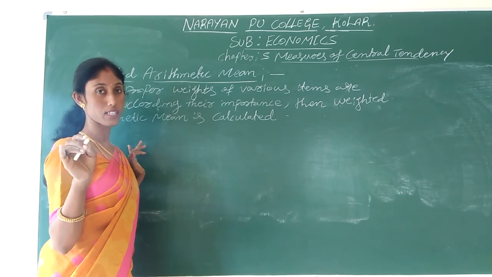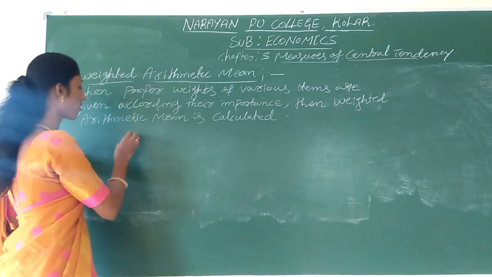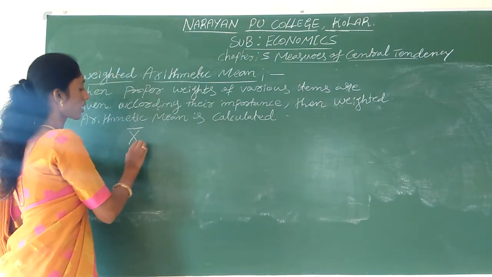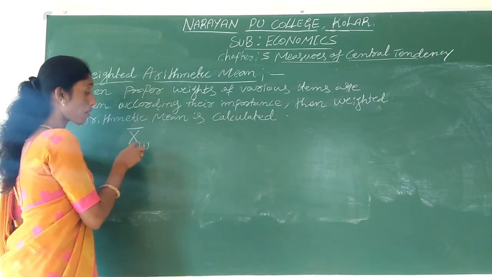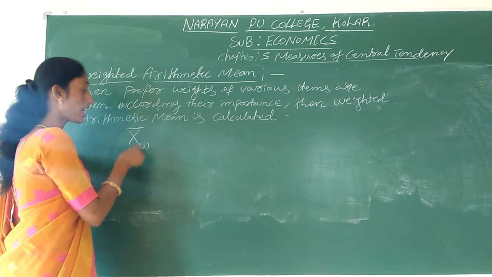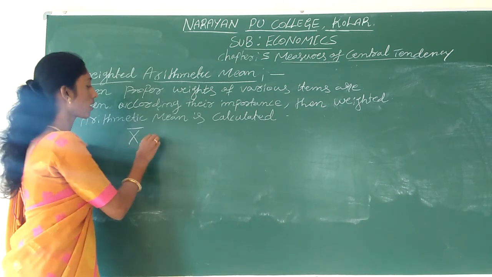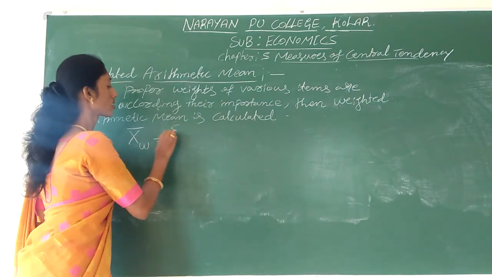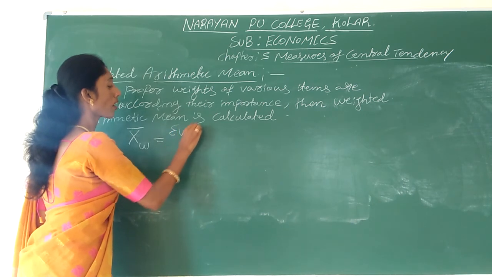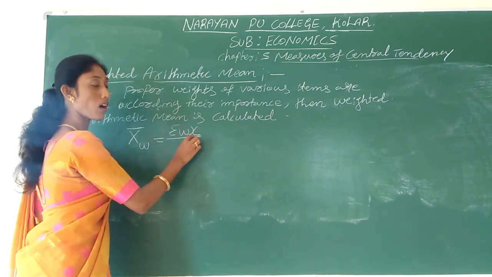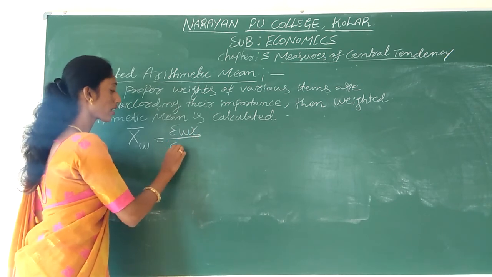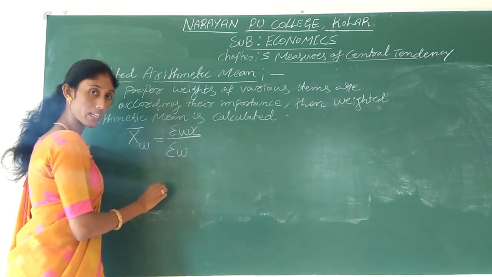The formula for weighted arithmetic mean: X bar means arithmetic mean, X bar w means weighted arithmetic mean is equal to sigma wx, sum of weights into observations, divided by sum of weights.